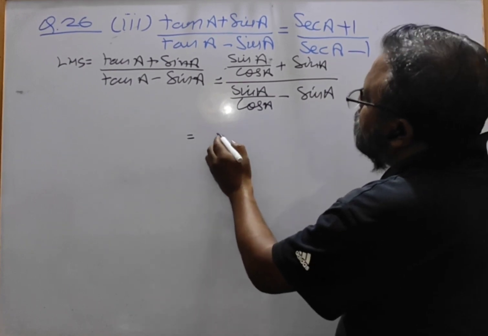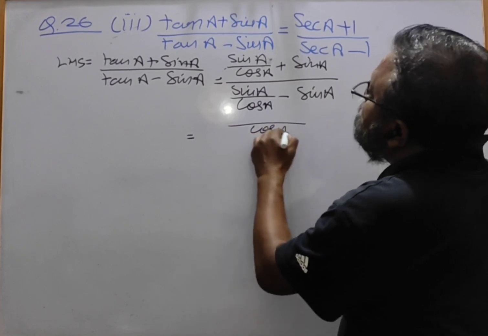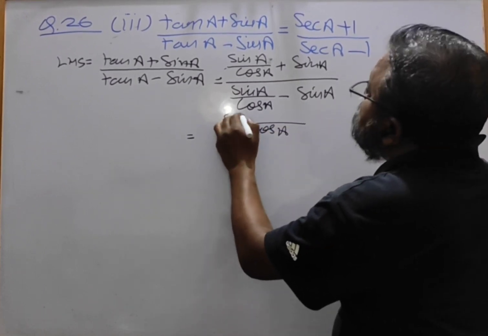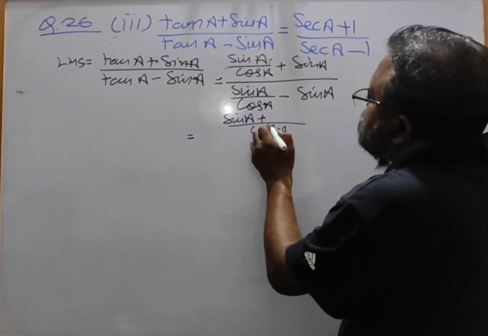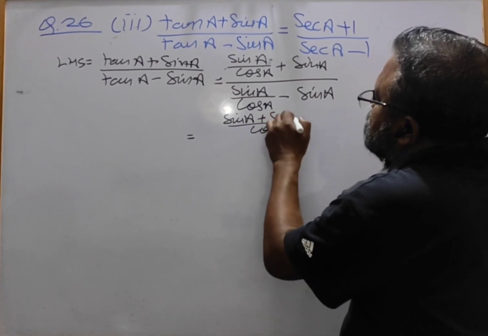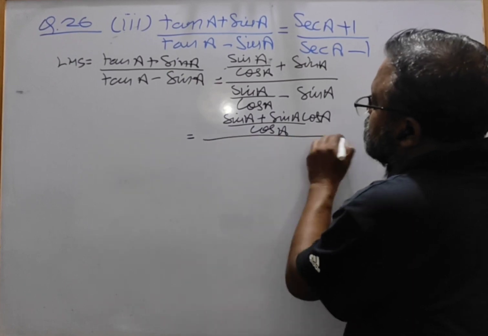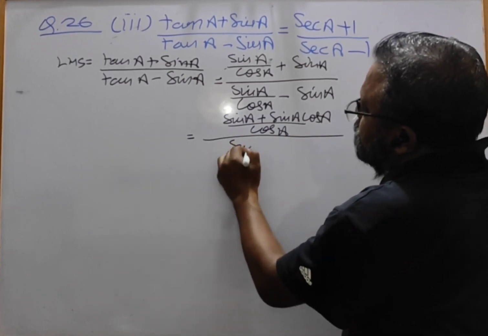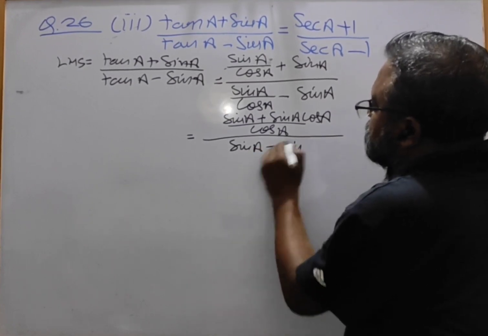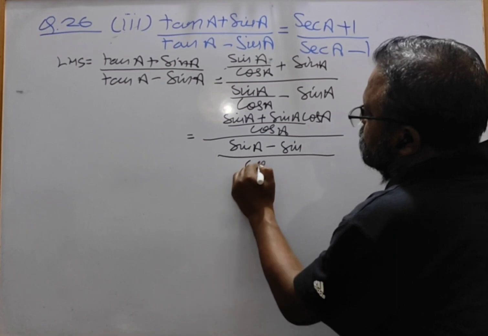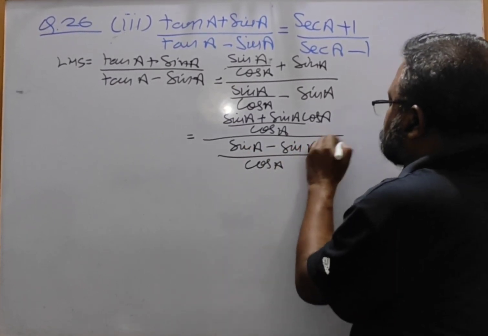You will get, cos we have taken as a common LCM, so it is sin A plus sin A cos A upon sin A minus sin A cos A, right?